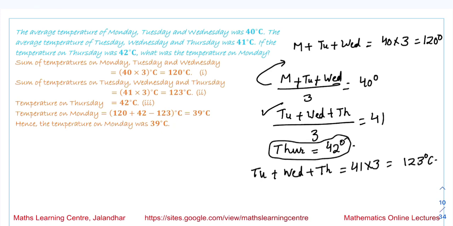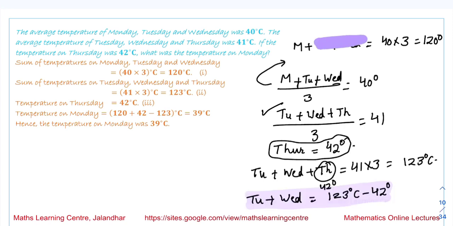The temperature on Thursday is 42 degrees. So the temperature of Tuesday plus Wednesday is 123 degrees Celsius minus 42 degrees Celsius. This is the value we have obtained for the sum of the temperatures on Tuesday and Wednesday, and this is the value we are going to substitute over here.